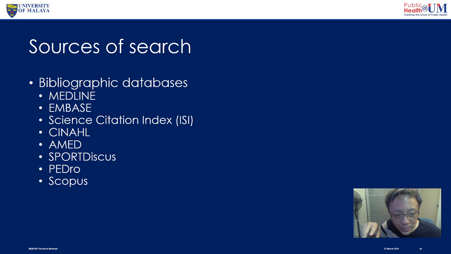This is for scientific papers. If you want to search sport-related journals, you use SPORTDiscus, PubMed, CINAHL, PEDro. It depends on what kind of research you are doing.